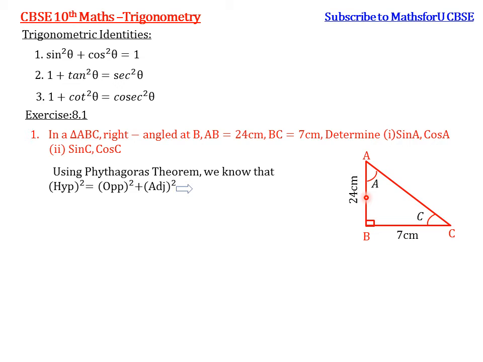Before marking the A and C, we need to find out how we can find it. We take the biggest side square, that is equal to sum of the squares of the other two sides. So, AC square is equal to AB square plus BC square.